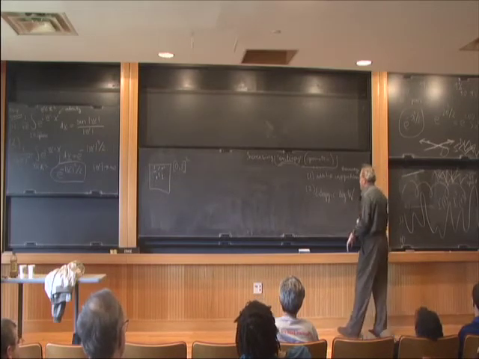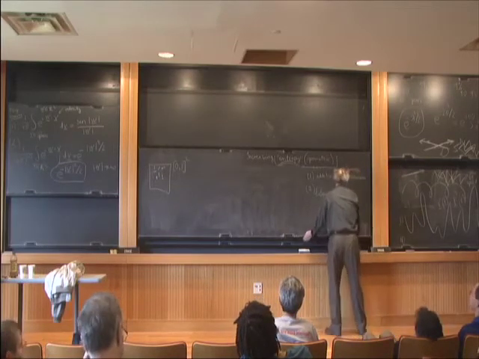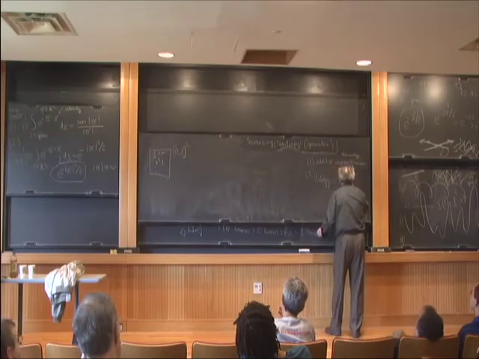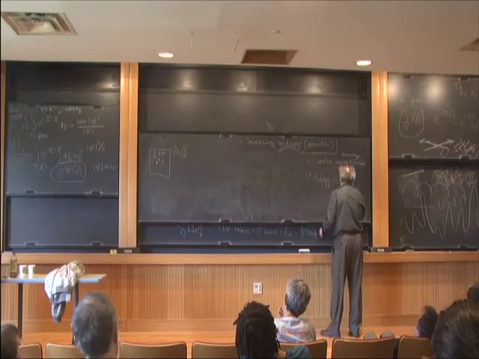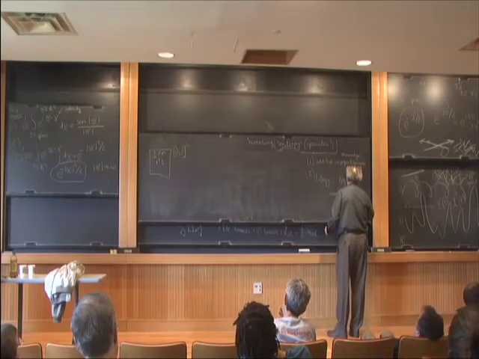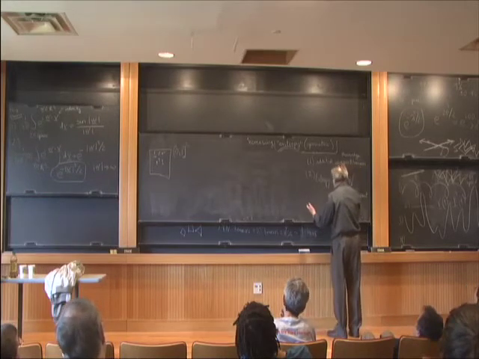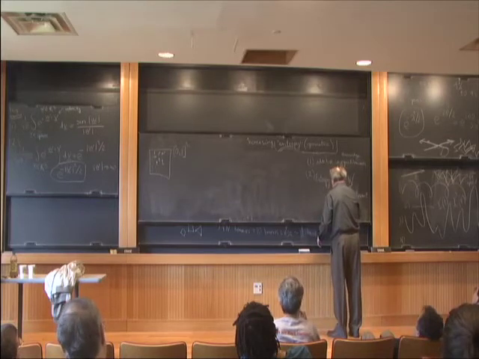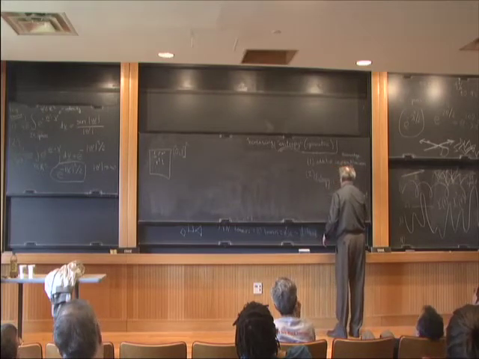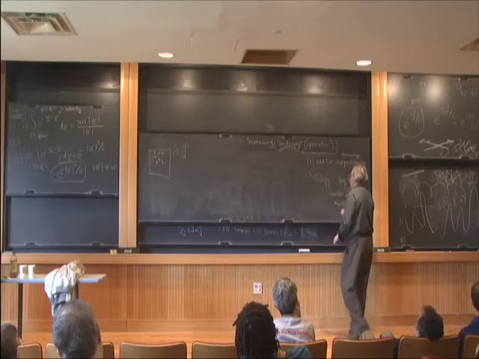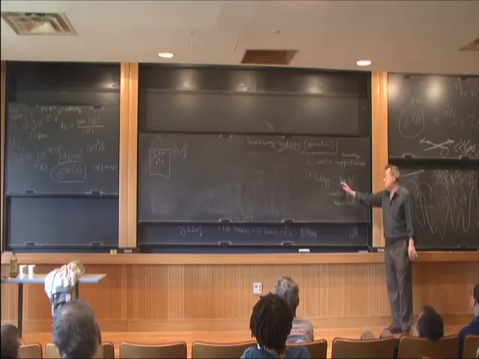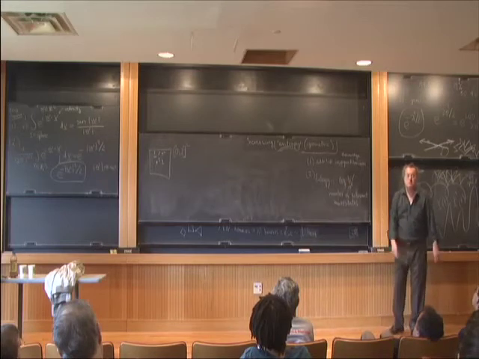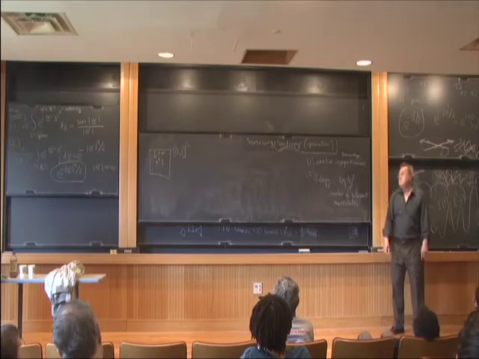I am not going to precisely define what they mean, but W is the number of relevant microstates of the system. This is what you find in the physics books, and this is on Boltzmann's tombstone.